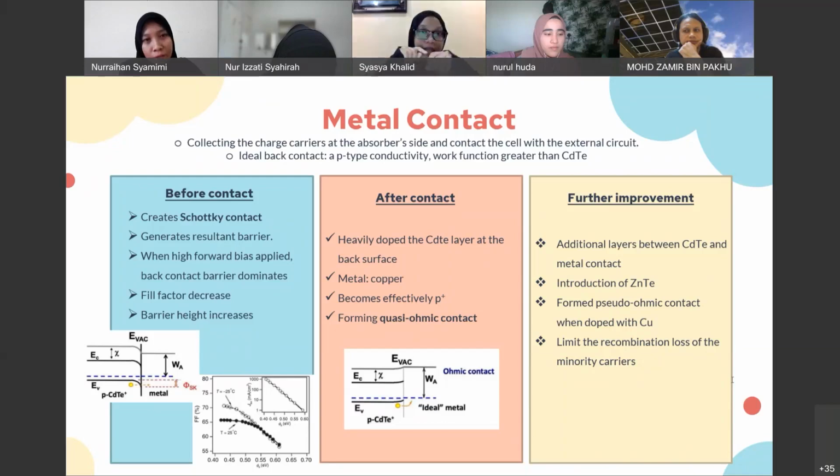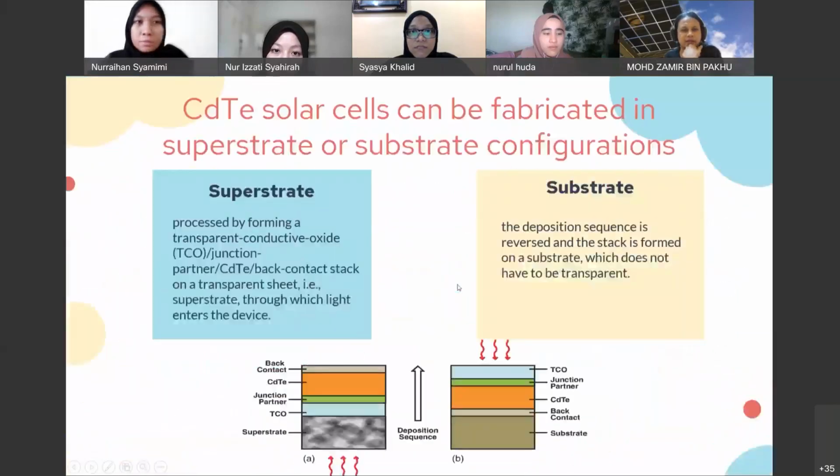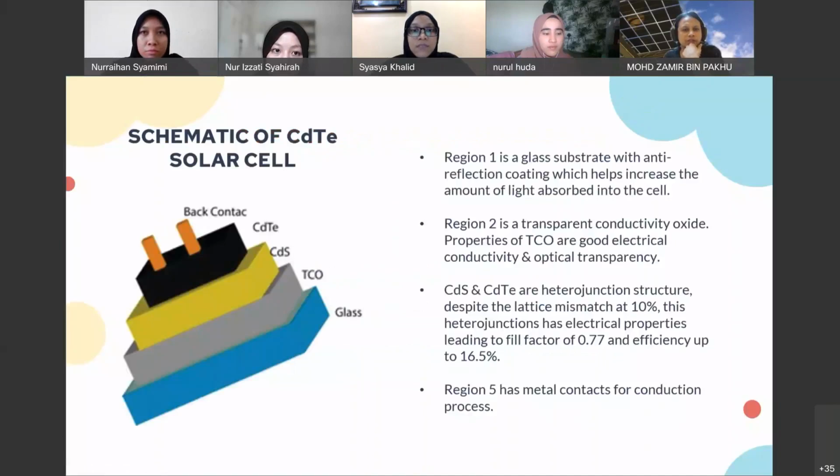If cadmium sulfide is the absorber, the substrate is fluorine-doped tin oxide, or you can use indium tin oxide. In that case, do we still have to use cadmium telluride, or purely cadmium sulfide as the absorber? We can use cadmium sulfide as the absorber. So cadmium telluride is out of the cell? Yes, if we change cadmium sulfide to be the absorber, cadmium telluride is out of the cell.